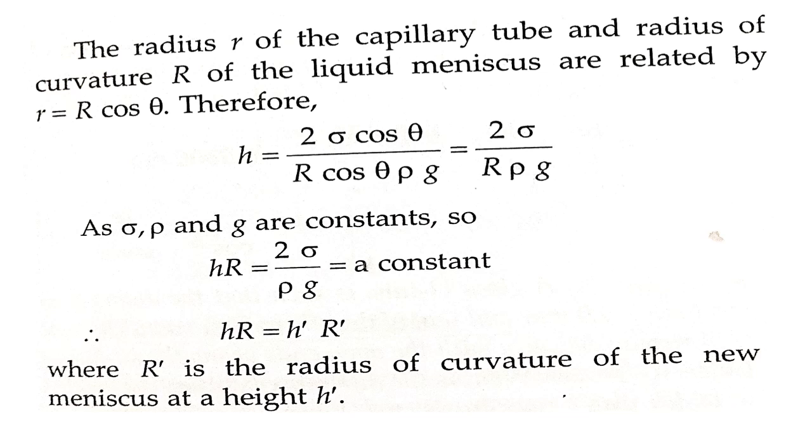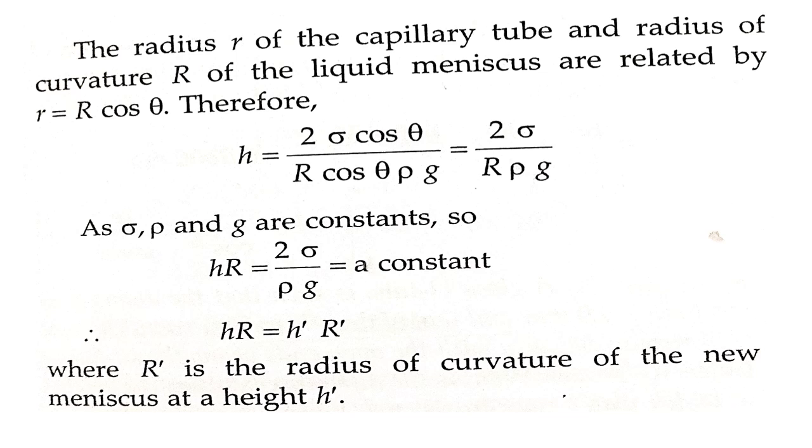Then you will get 2 sigma cos theta divided by R cos theta rho g, means 2 sigma divided by R rho g. Now in this formula, sigma, rho and g are all constant. That means you can say that h equals constant divided by capital R, or you can say h into capital R is constant.